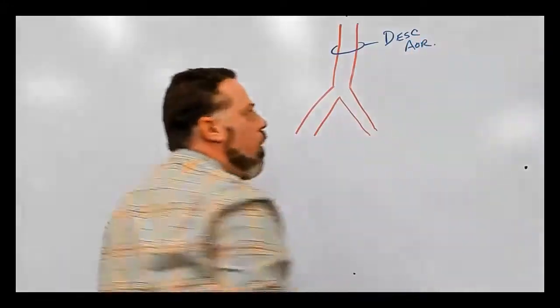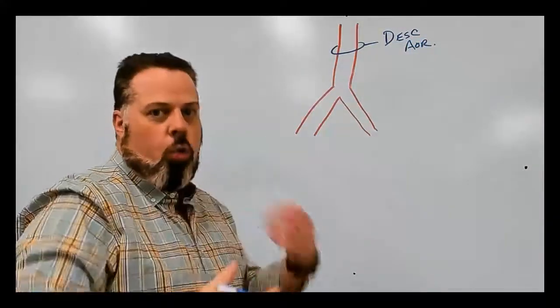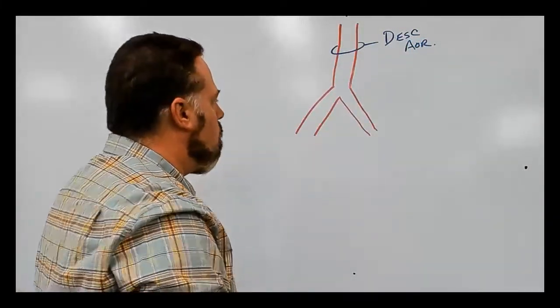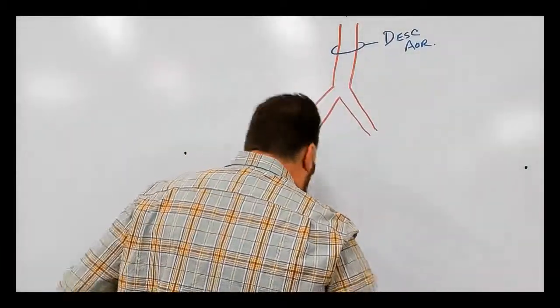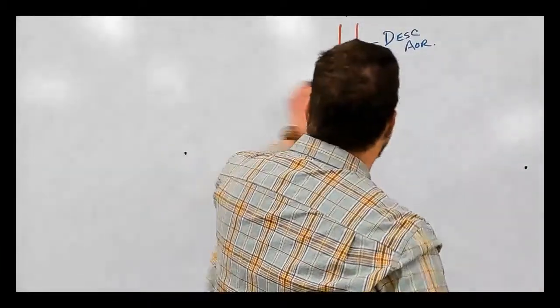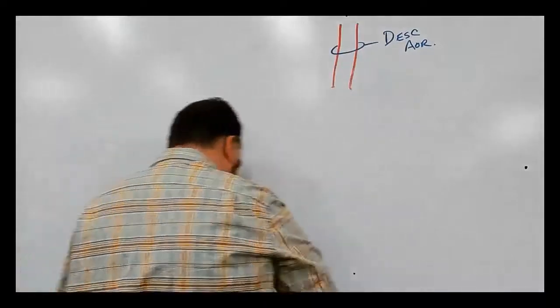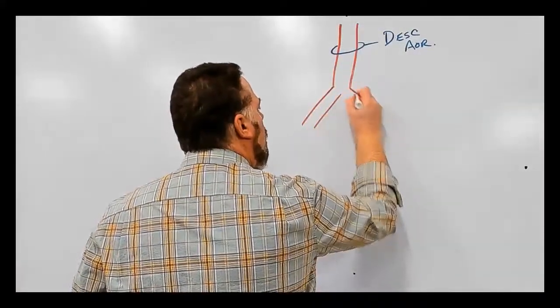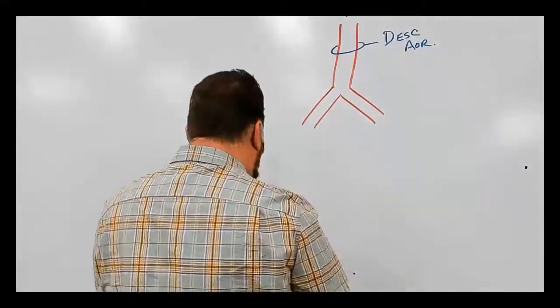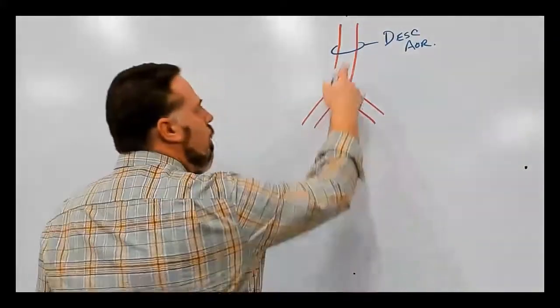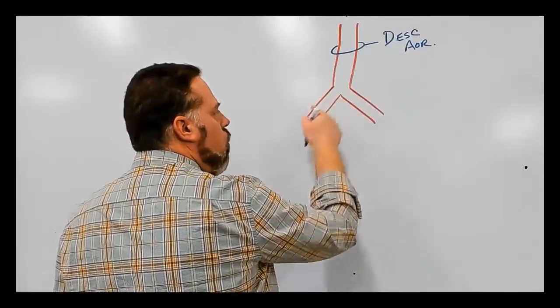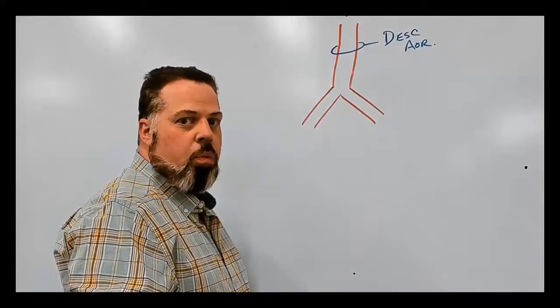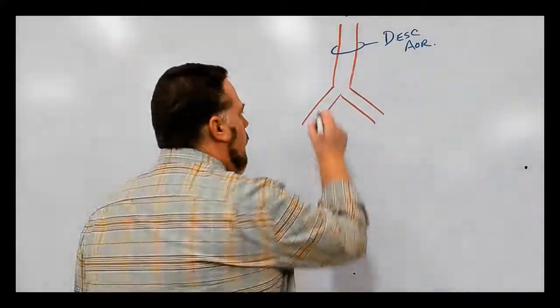Again, I'm going to abbreviate just to speed up time, but you would write the full words on your exams. So this will bifurcate, and what are these two blood vessels in a human? The common iliac.